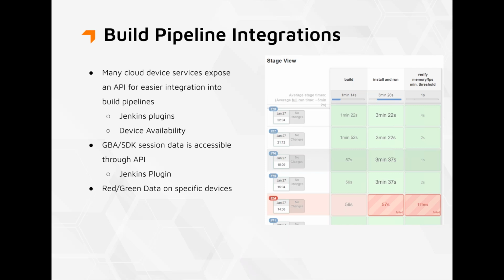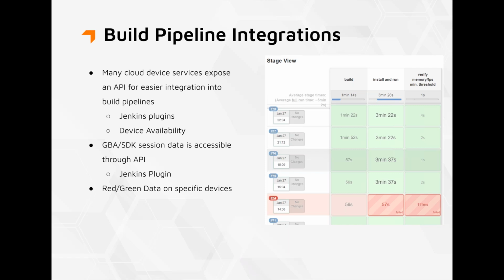Now, again, back to you do have to think about the scheduling and availability aspect of this when you're using it in a build pipeline. Just, let's say you wanted to test on an iPhone 6 or the latest and greatest, newest flagship phone. One, it might not be available on your cloud provider's platform.